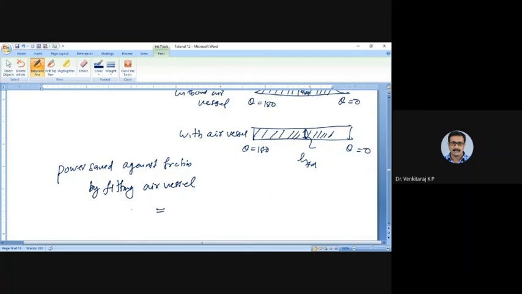You can calculate this as power equal to gamma A N by 60 into L into the head.